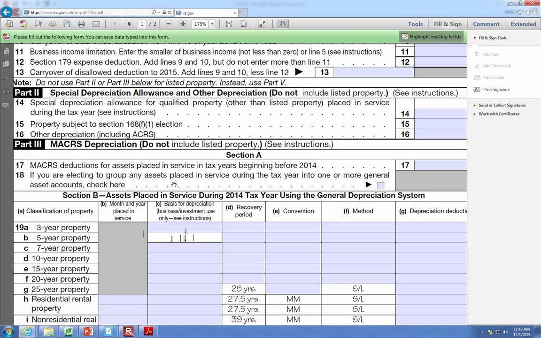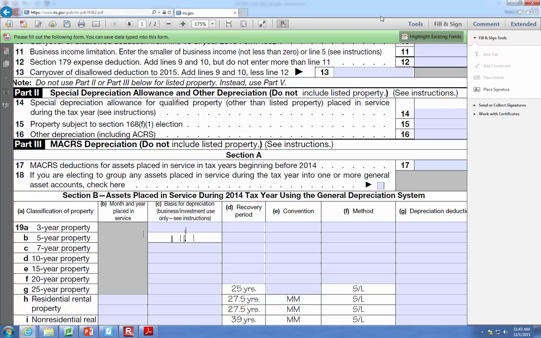Where does it go? Nope, because it's not placed in service during 2014, because now I'm in 2015, right? It just goes on line 17.